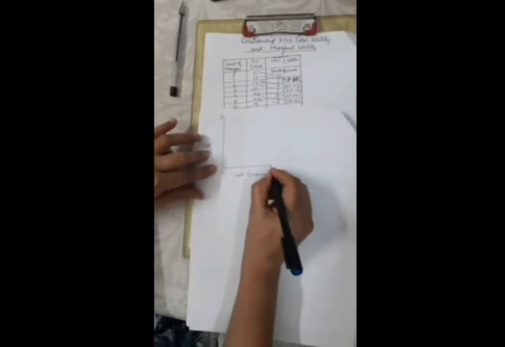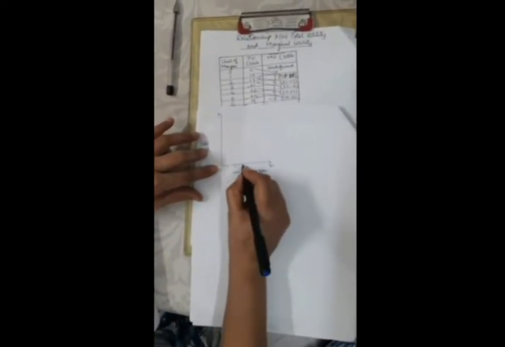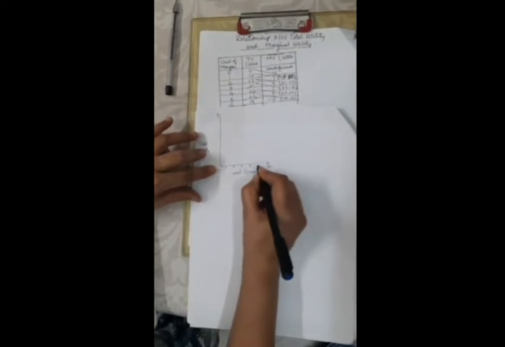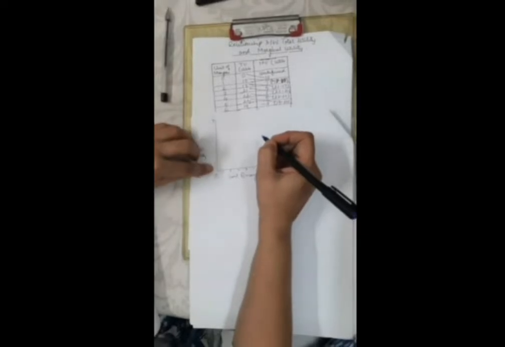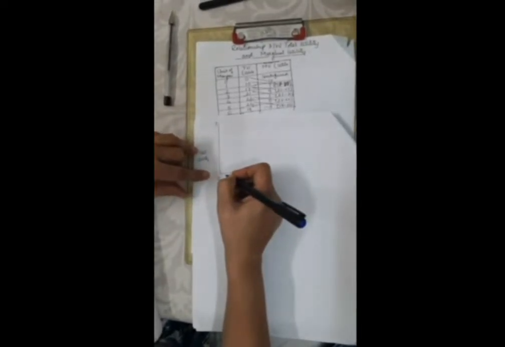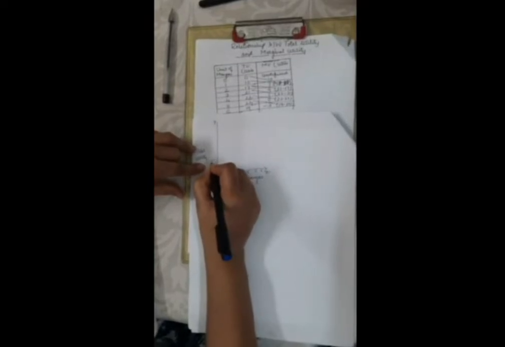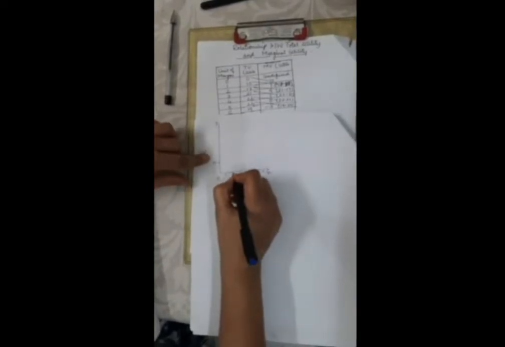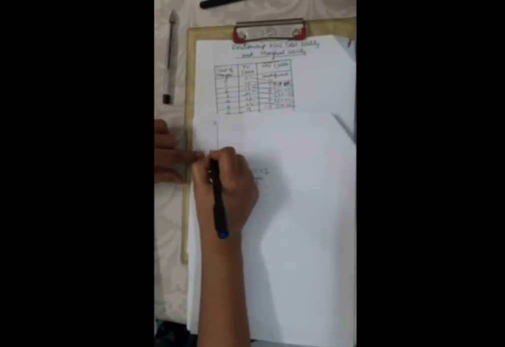The consumer has consumed 6 units, 1, 2, 3, 4, 5 and 6 units. When he consumed 1 unit, the total satisfaction was equal to 10 units. The second gave him 17, so over here.